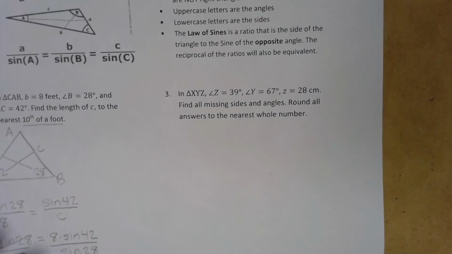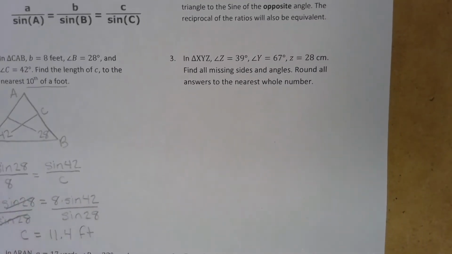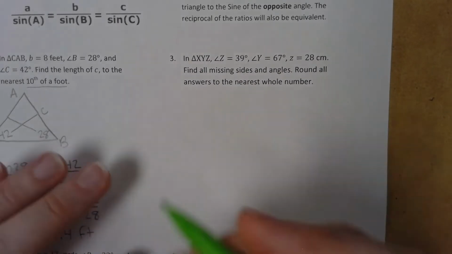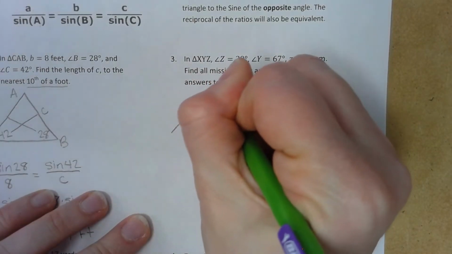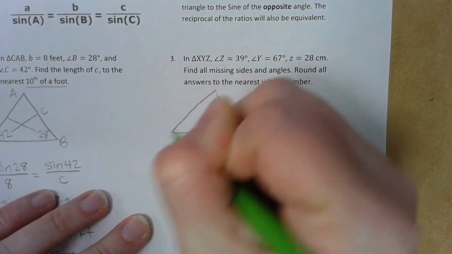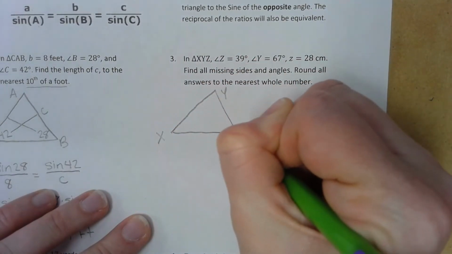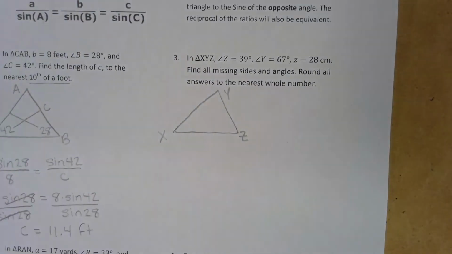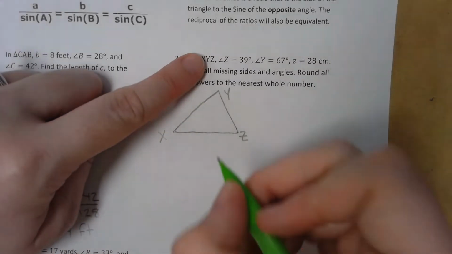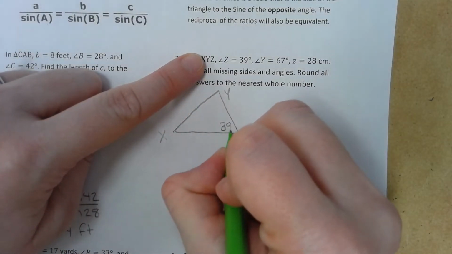Let's look now at example number 3. Again, we need our triangle, so we have X, Y, Z. Again, not worrying about being precise in our drawings, just a three-sided figure since it has a triangle X, Y, and Z. Angle Z says it's 39 degrees.